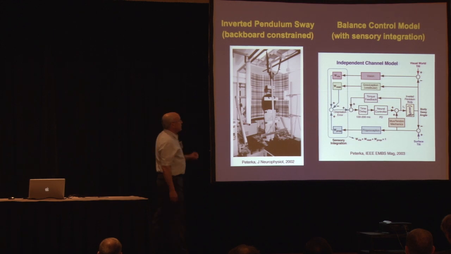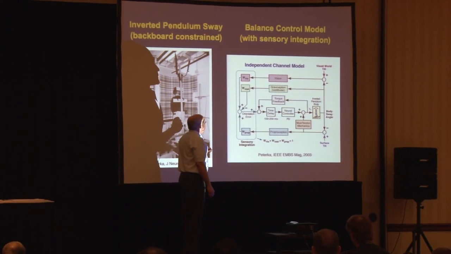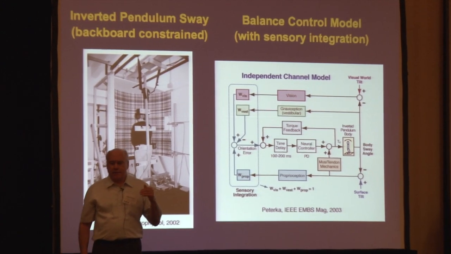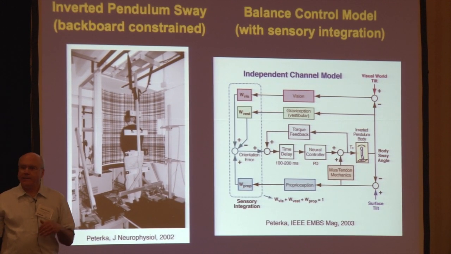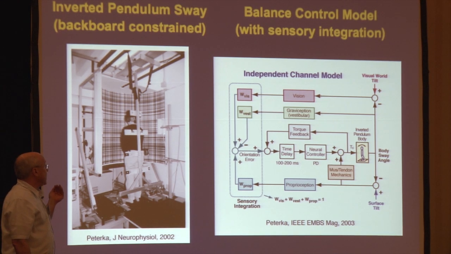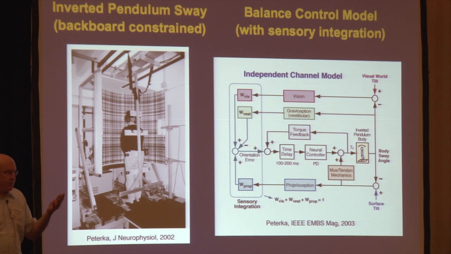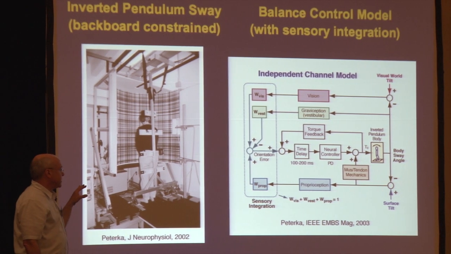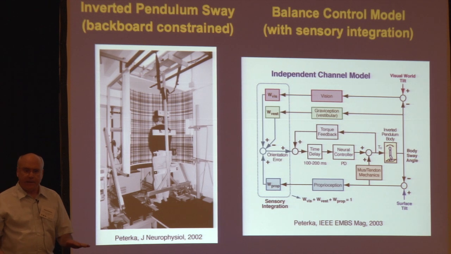So I've called this the independent channel model, and it's independent in the sense that vision, vestibular, and proprioception aren't necessarily sensing the same information. Vision senses your body sway relative to the visual world, which might be moving. Proprioception senses your body sway relative to the surface tilt. The surface might not be level.